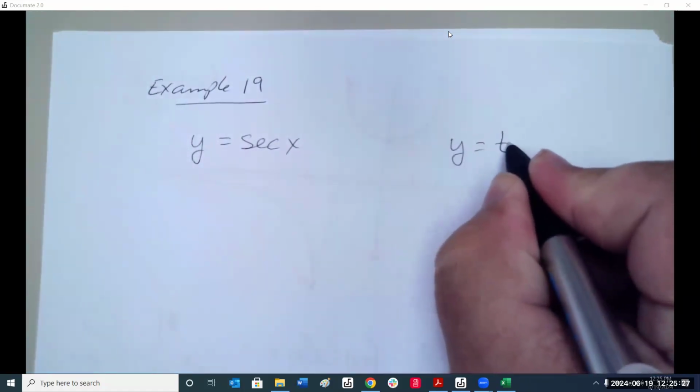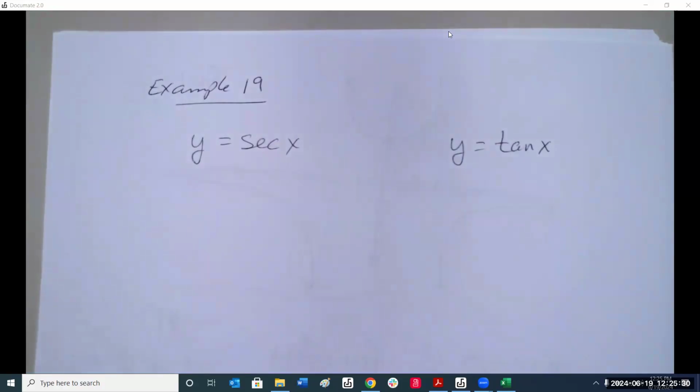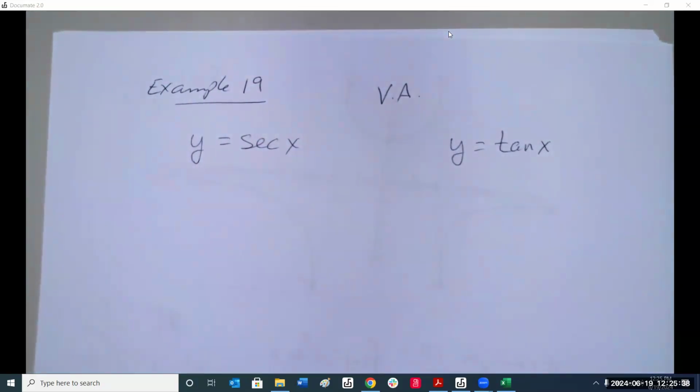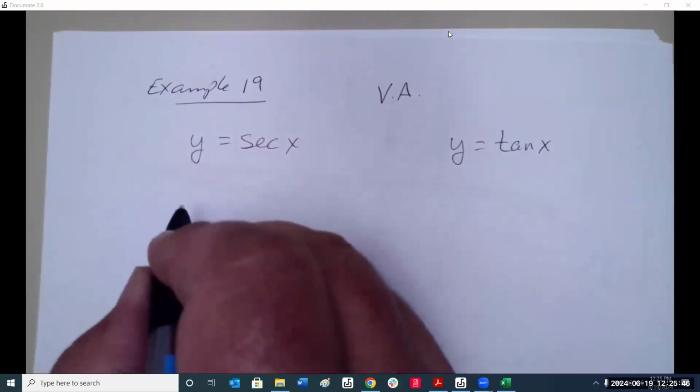Example 19. The curves y equals secant x and y equals tangent x. We're looking for vertical asymptotes. For the trig functions, whenever you have a trig function, what's the first thing you want to do with them?